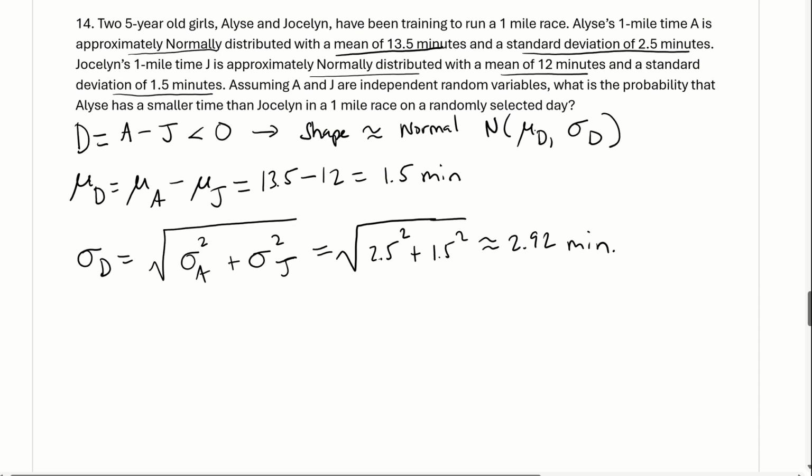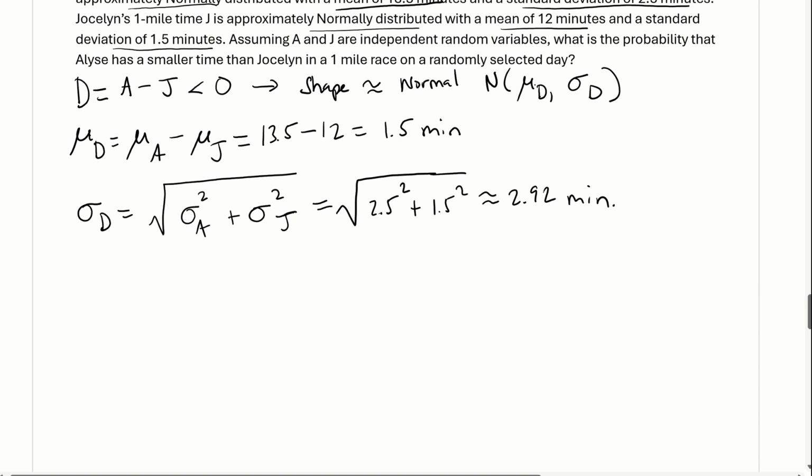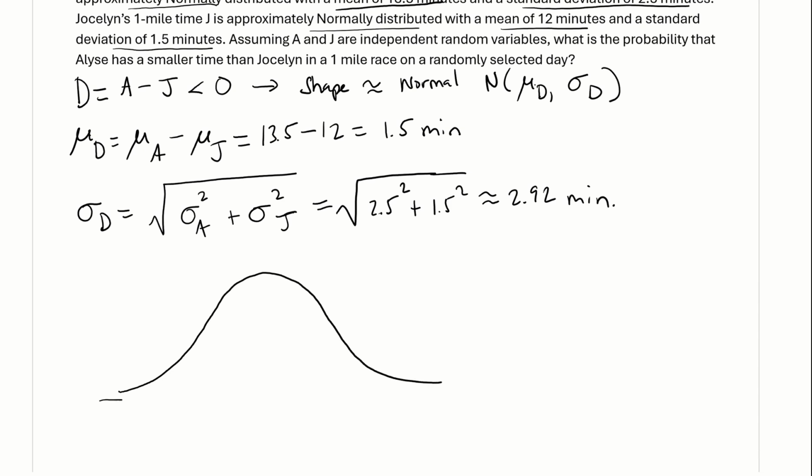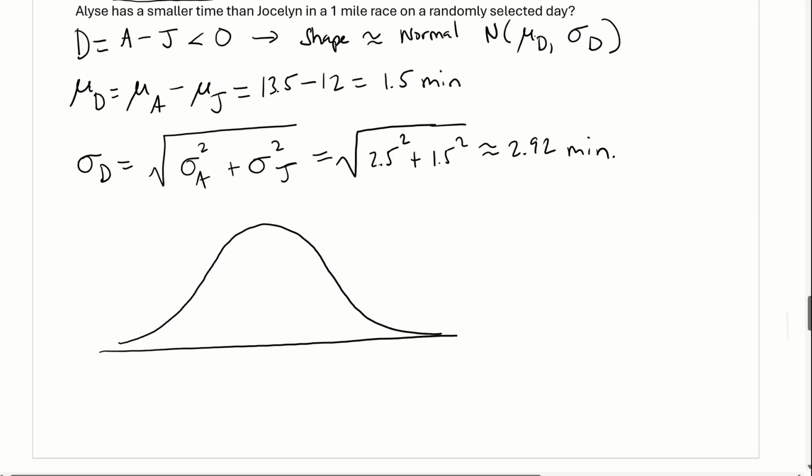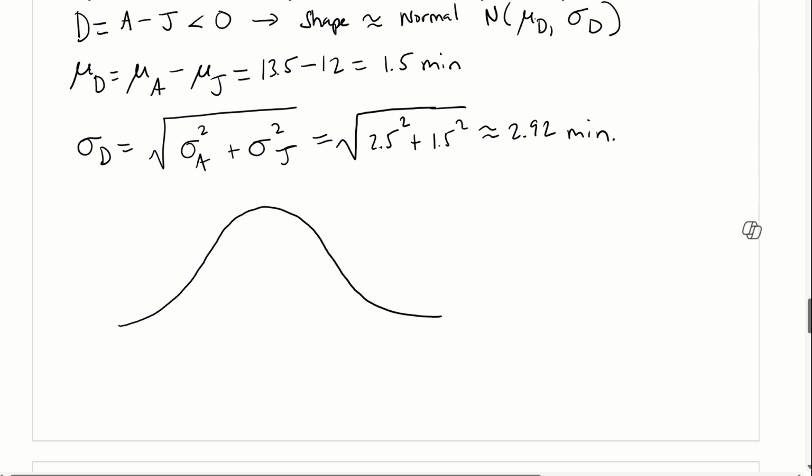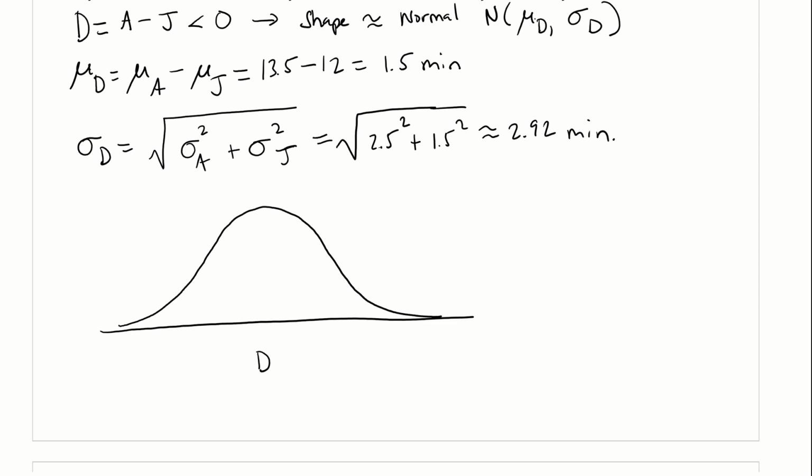Okay, so now since we know it's approximately normal, with those two parameters, we can draw a normal distribution, and this is going to represent the variable D. And so the mean of D is 2.92, or no, that's the standard deviation, I'm sorry.